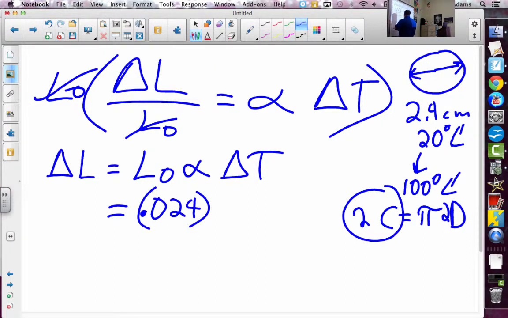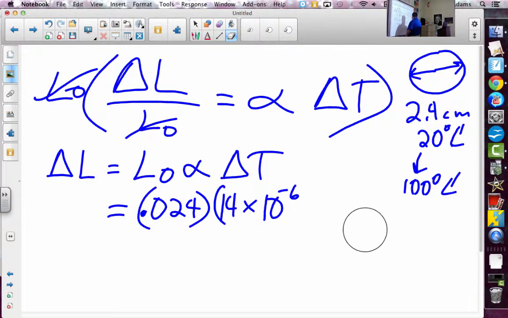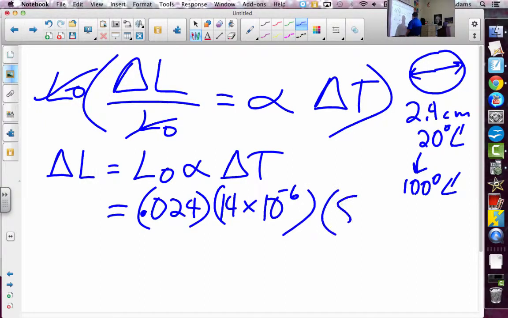And then the coefficient for gold, which if you look that up in your textbook on page 369, the thermal expansion for gold is 14 times 10 to the negative 6, sorry. Okay? And then delta T is just 80 degrees because it's 100 minus 20 or 373 minus 293, right? So it's 80 degrees.